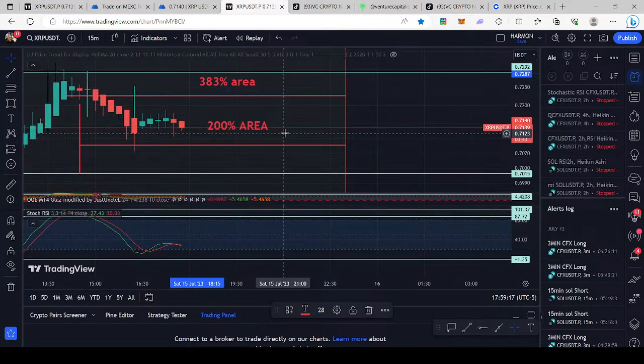Now, if you go to a 2 hour time frame, that means there will be 2 candles for every 4 hour candle. If you go to a 1 hour, there will be 4 1 hour candles for every 4 hour candle. If you go to a 30, there will be 8. Get it?